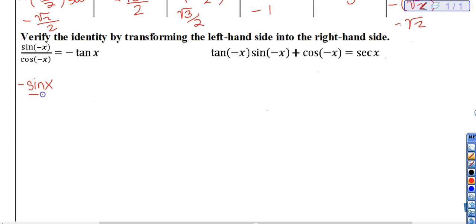And I'm going to replace the cosine of negative x with cosine of positive x, right? Because sine function's odd, cosine function's even. Okay, we just talked about that. All right, so equals negative tangent of x.